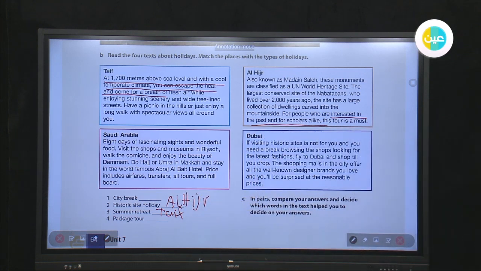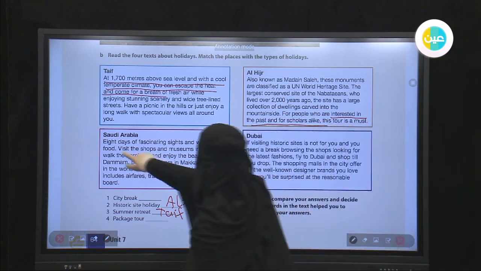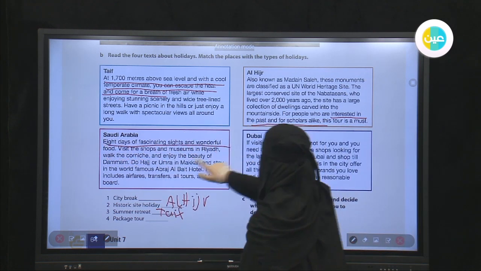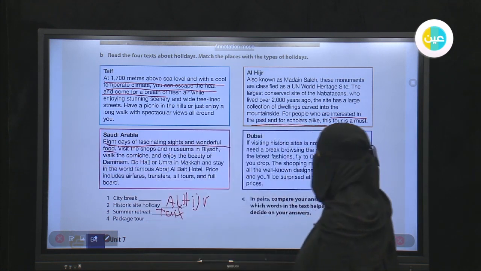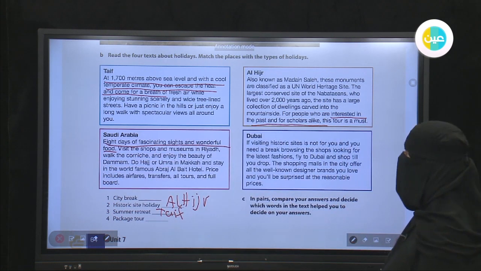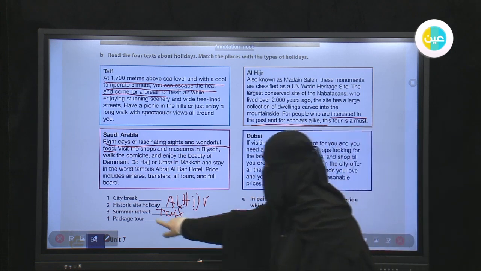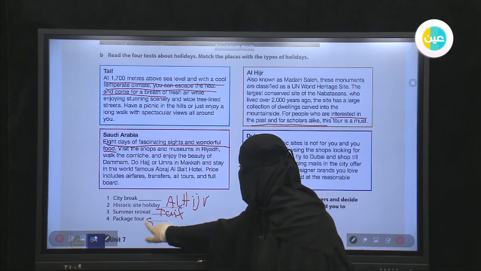Okay, now we still have Saudi Arabia and Dubai. Saudi Arabia will be a city break or a package tour. As you can see here, 8 days of fascinating sights and wonderful food. Wonderful food. This surely means package tour.